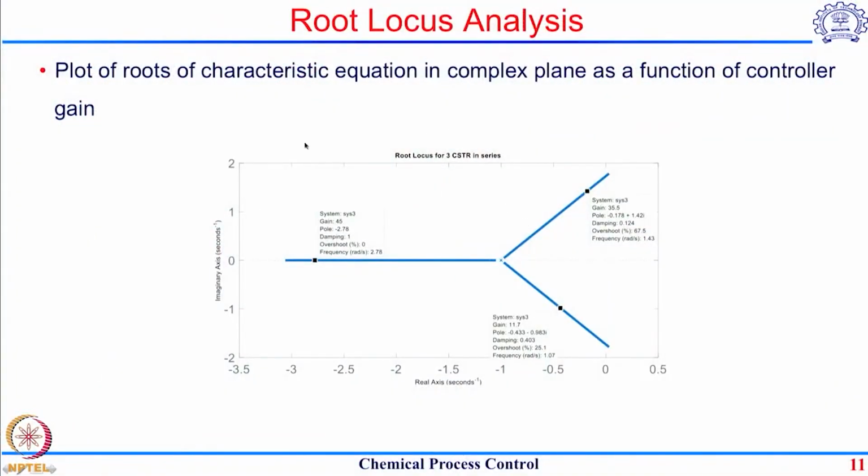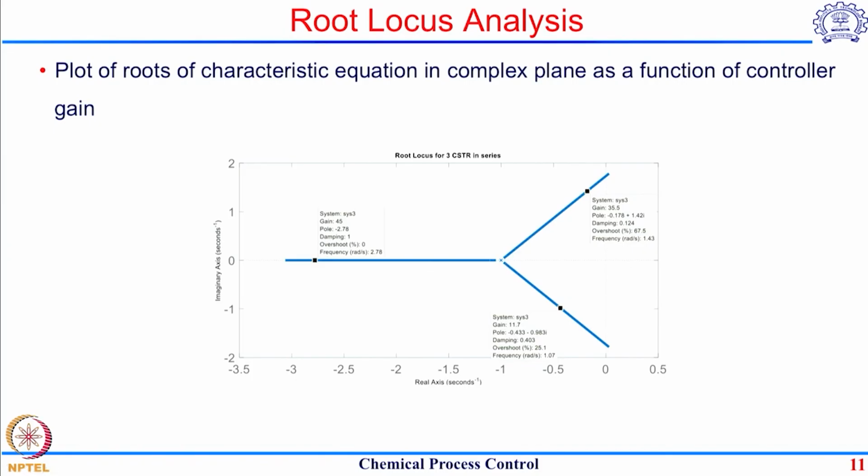If we see the 3 CSTR example, this is how the root locus diagram will look like. You will see that the root locus starts with a point which has a triple root of pole equal to -1.